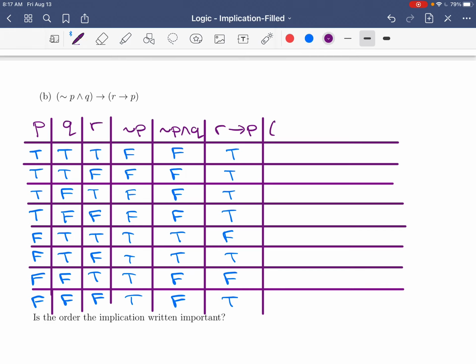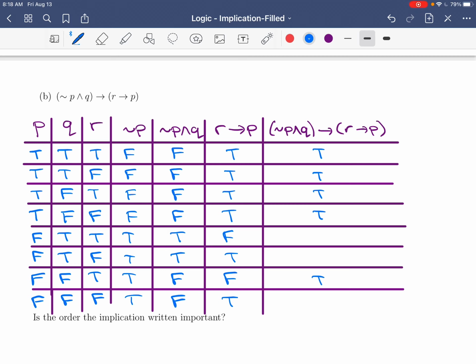Okay, and then finally, I want to put these two together. R implies P. Here I'm looking at this. This is my premise column, and this is my conclusion column. So anytime the premise is false, this thing is true automatically.